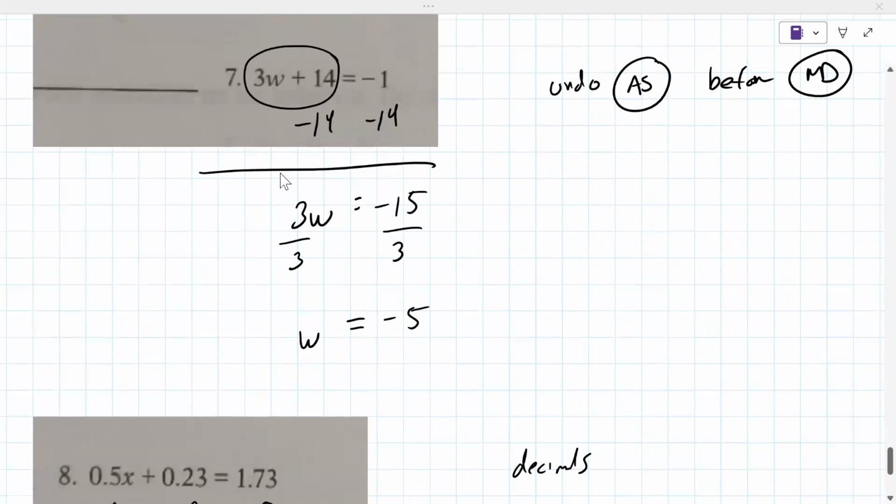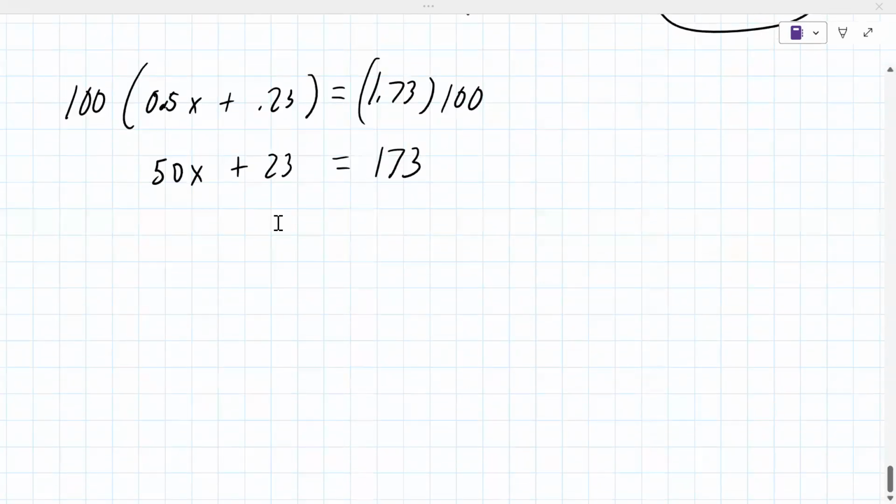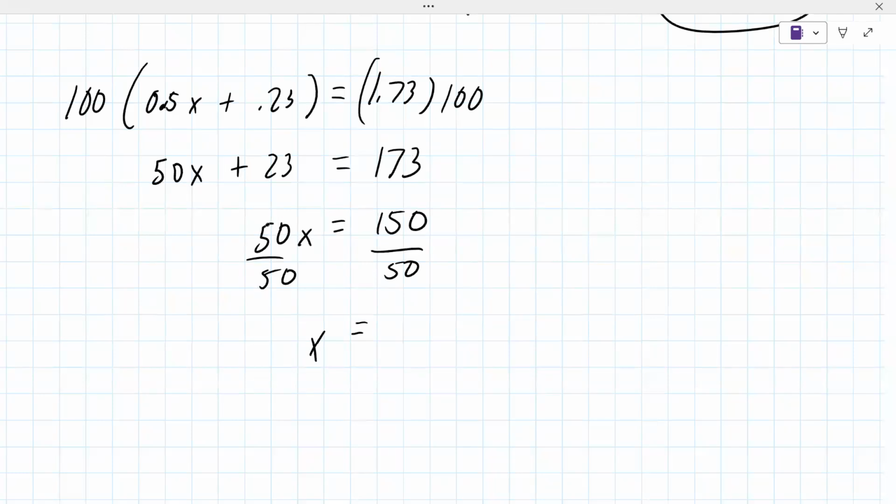If it was unclear, you want to say, hey, Matthew, I don't understand that step. Yes, there is division. We would divide by 50. Yes. So what does x equal? 3. Okay, good.